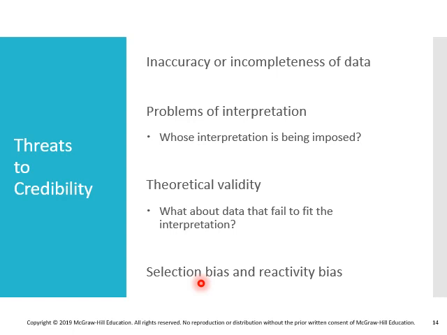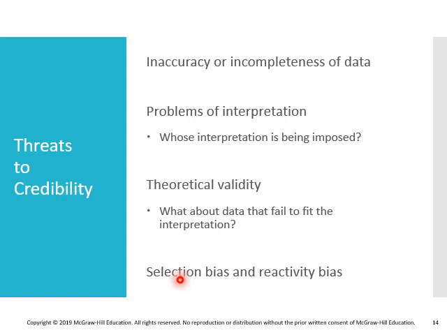There is also reactivity bias, which is the influence of the researcher on the interactions because of the researcher's presence. All in all, good qualitative researchers must endeavor to minimize these forms of bias by monitoring our interactions with the participants as well as the activities that we are studying.